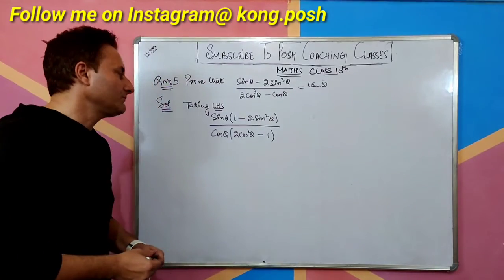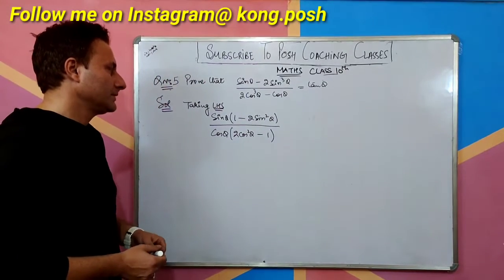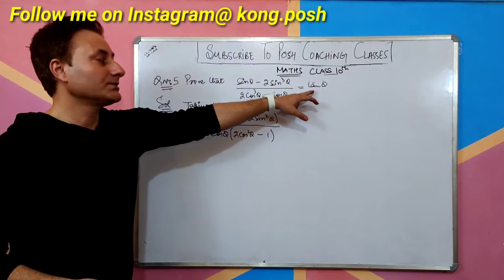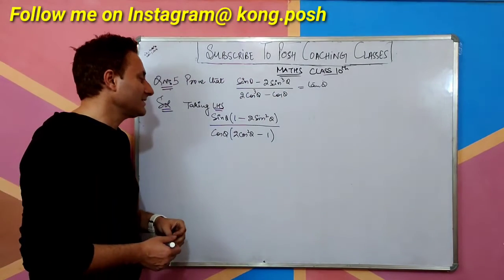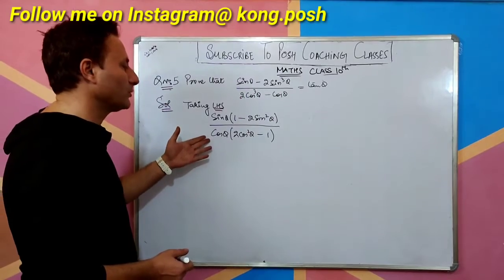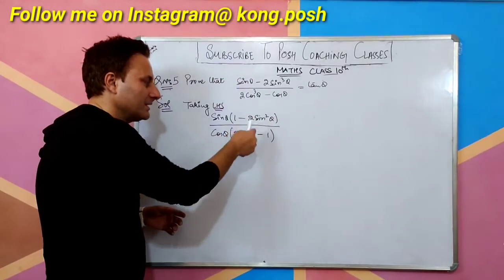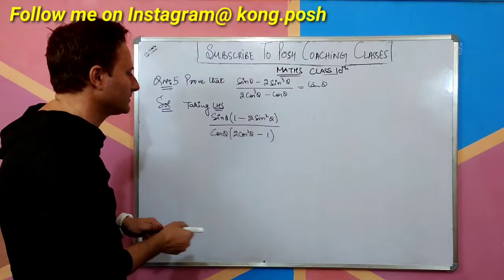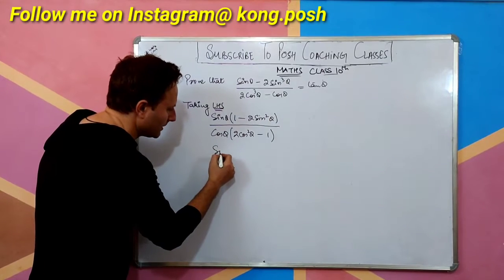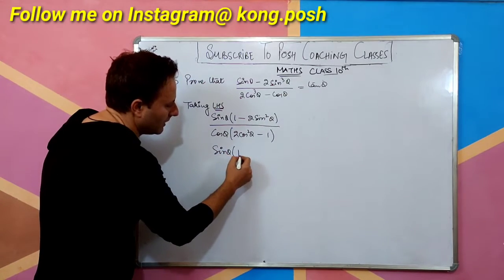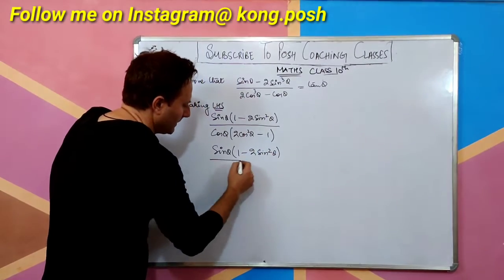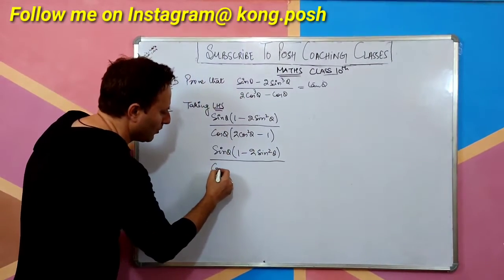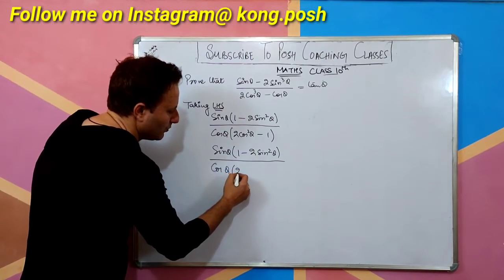One thing I can see very clearly here itself, that the answer has to be tan theta. So I know that tan theta is equal to sine theta upon cos theta. That means this and this has to get cancelled come what may. So let's see, sine theta 1 minus twice sine square theta whole divided by cos theta twice.